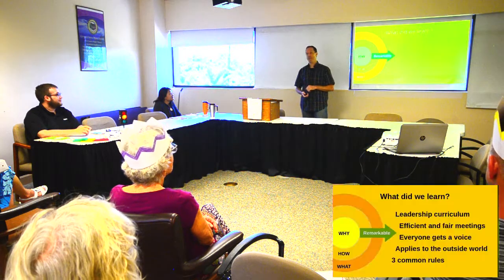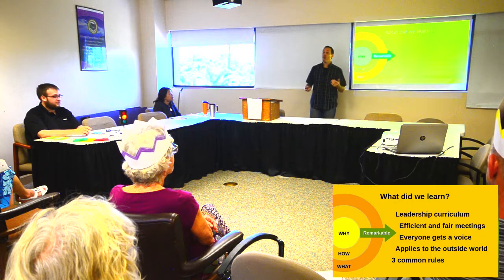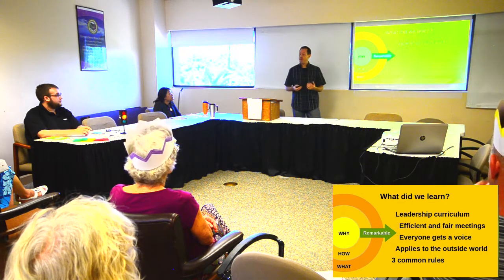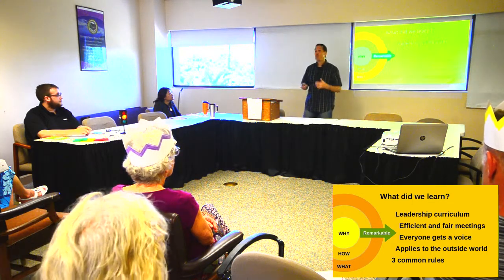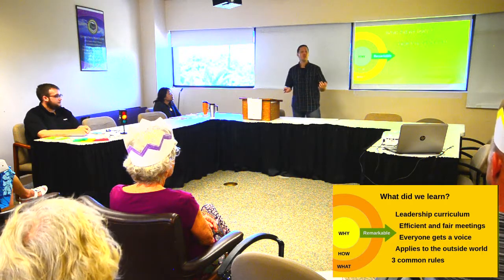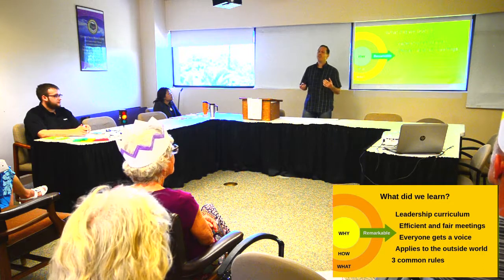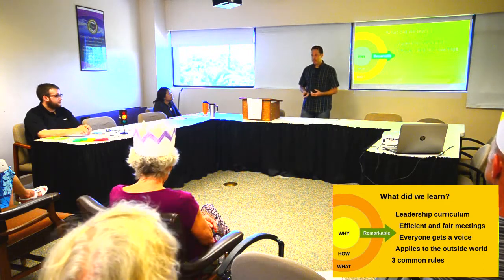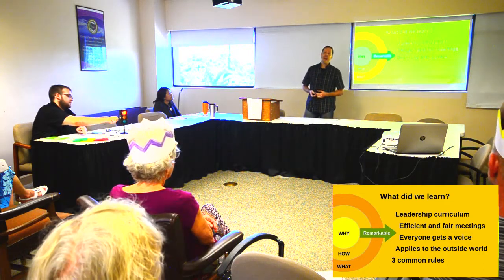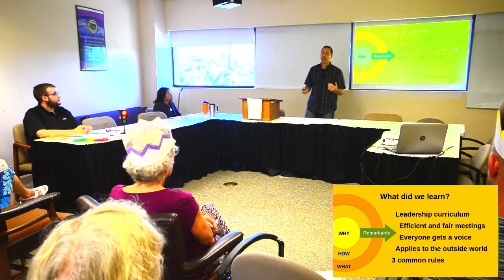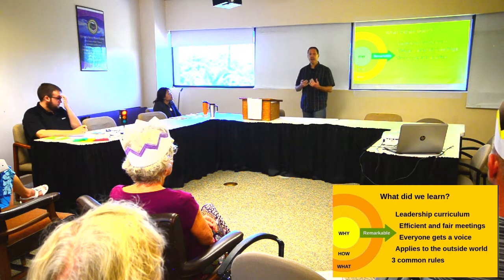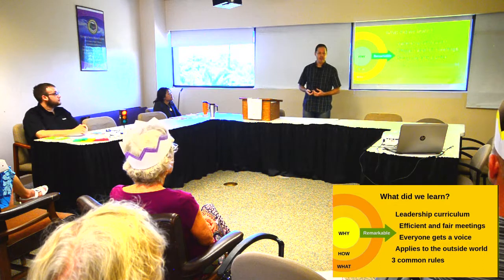So what did we learn today? We learned that Robert's Rules, using it, is just part of the leadership curriculum. So we should learn this because it's something Toastmasters wants us to learn that we can use. It's designed for efficient and fair meetings. Everyone gets a voice. You might not like the final decision, but you get your chance to speak your mind.